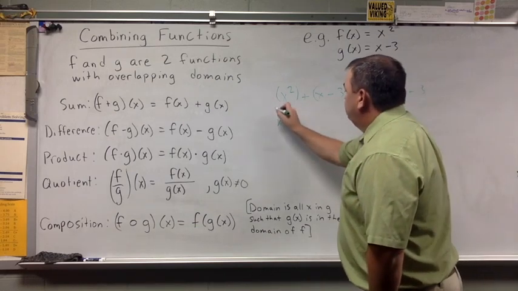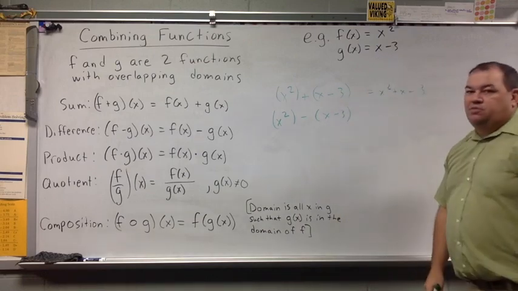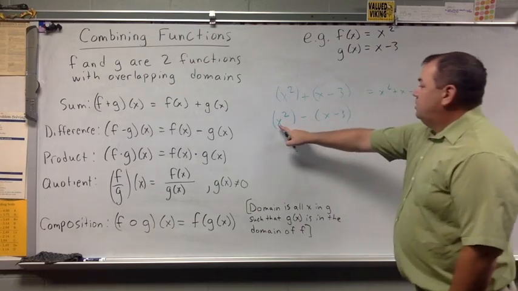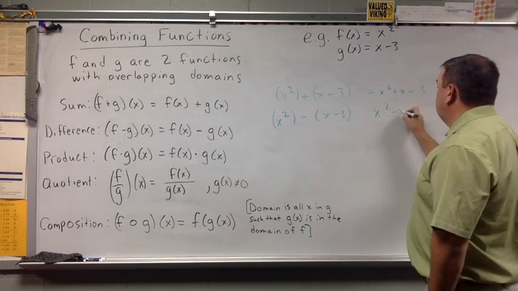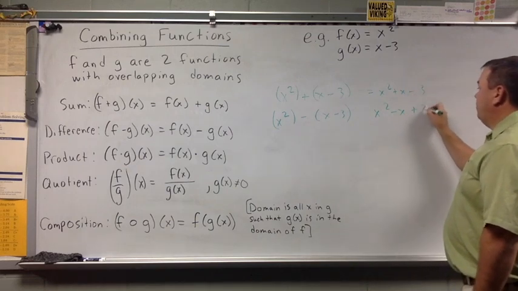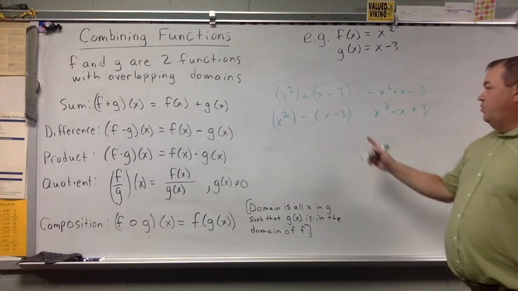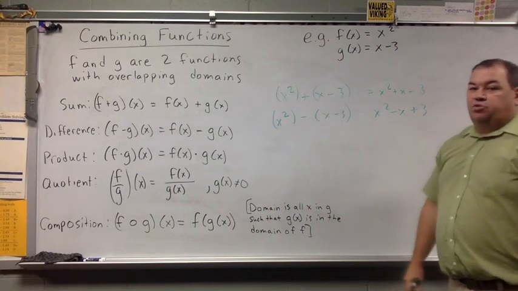But now that I'm subtracting, those extra parentheses become a little more important because I have x squared, I have minus x, but I also have minus a minus, so I have a plus 3.